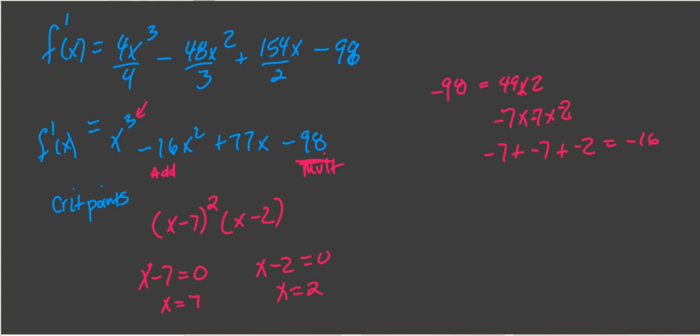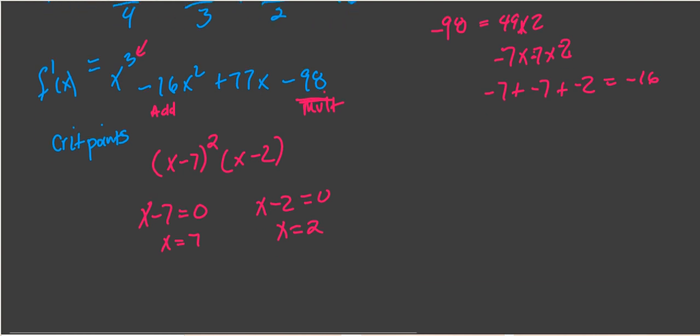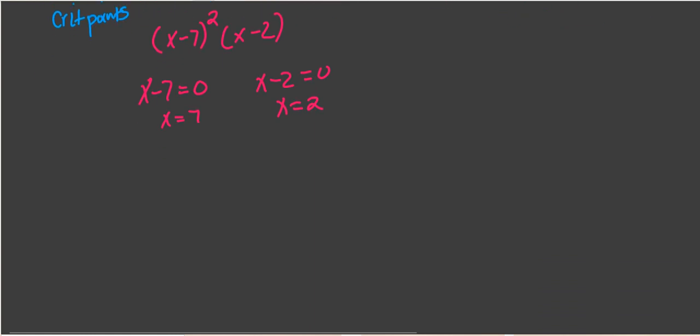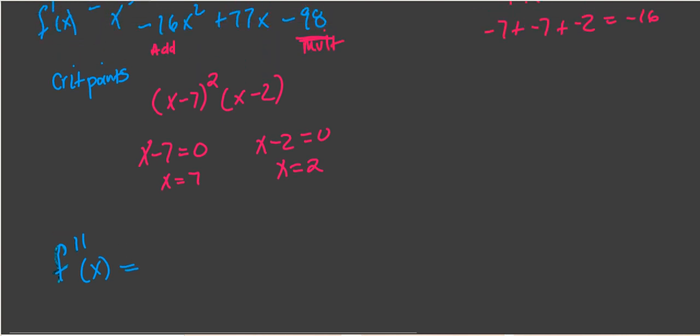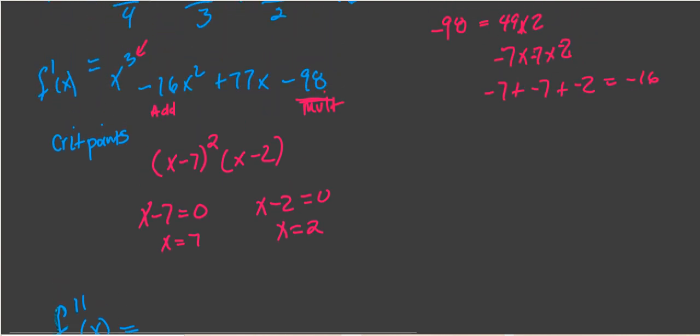So my next step is to find my second derivative, because concavity comes with the second derivative. We would do the second derivative. And now let's go back and remember what my first derivative was. It was x cubed minus 16x squared plus 77x minus 98.